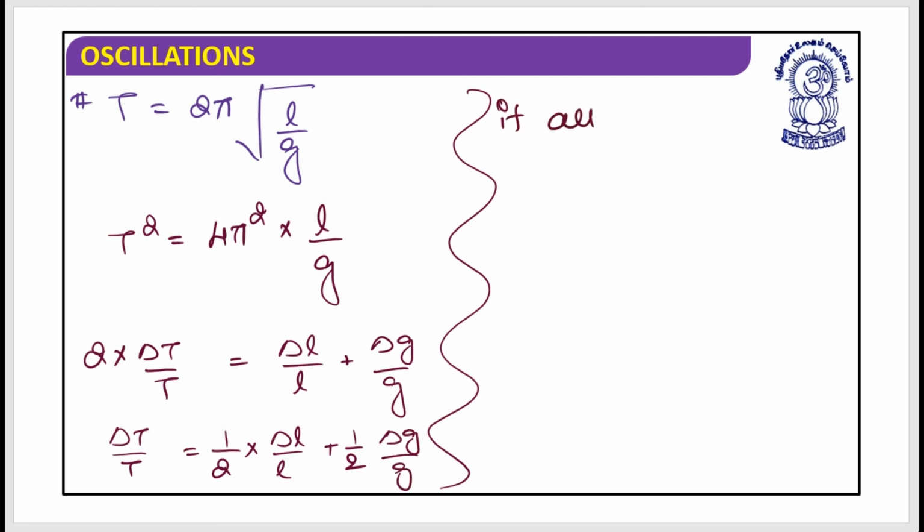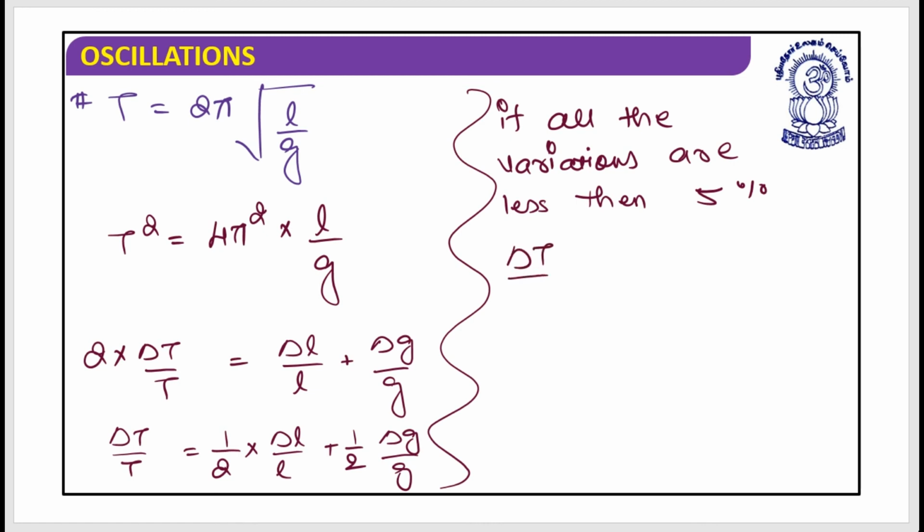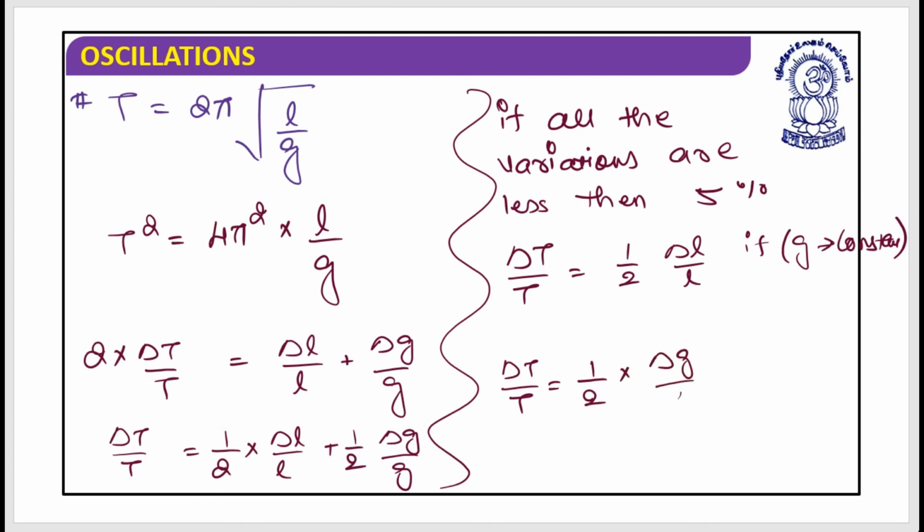If all the variations are less than 5 percent, then this could be written as delta T by T equal to half delta L by L if g is constant, and delta T by T could be written as half into delta g by g if L is constant.